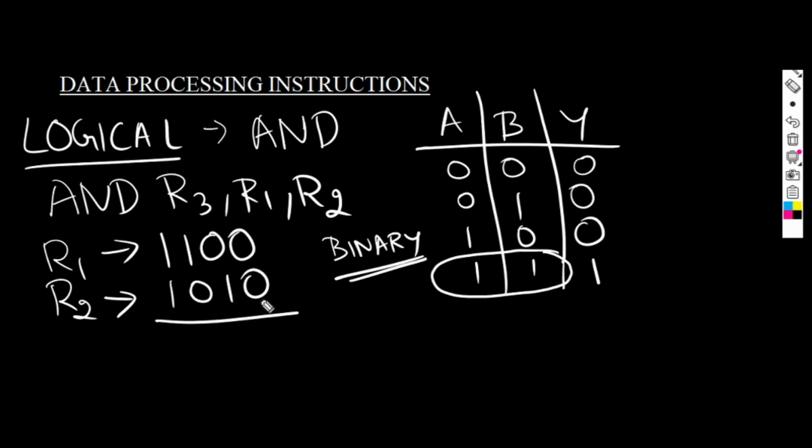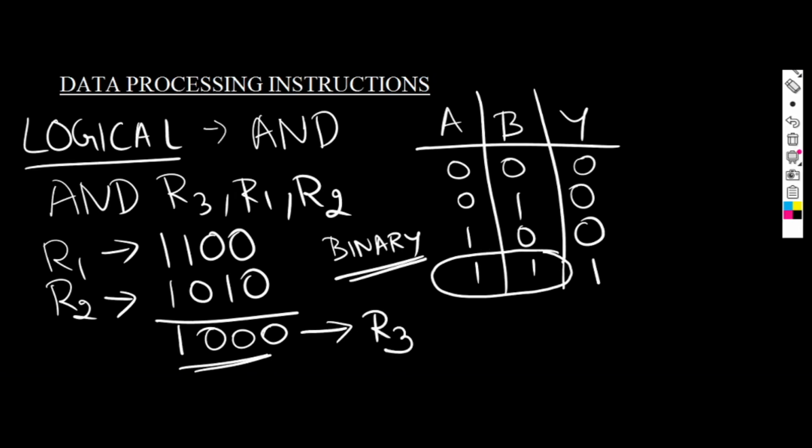In that particular case, based on this truth table, if the first value is 0 and second is 0, what should be the output for bitwise AND operation? It is 0. 0 1 is also 0, 1 0 is also 0, and 1 1 is 1. So this is the result that will be stored in R3.